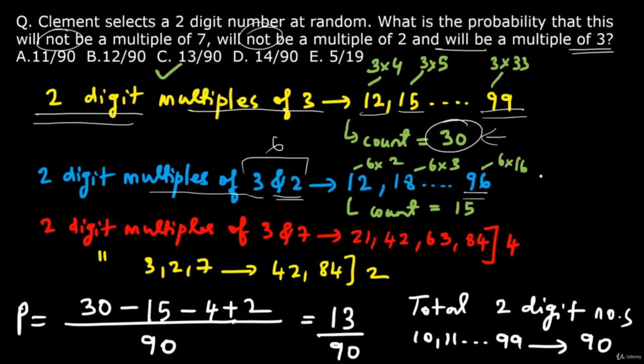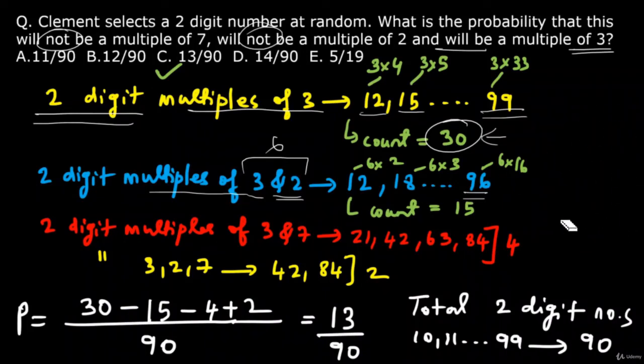There are multiple ways. One way is you just do 100 divided by 6. 100 is the smallest 3-digit number. When you do 100 divided by 6, that goes 16 times, 6 into 16 is 96, and you have a remainder of 4. So 100 minus 4 is a multiple of 6, and 100 minus 4 is 96. So that's one way in which you can find this.